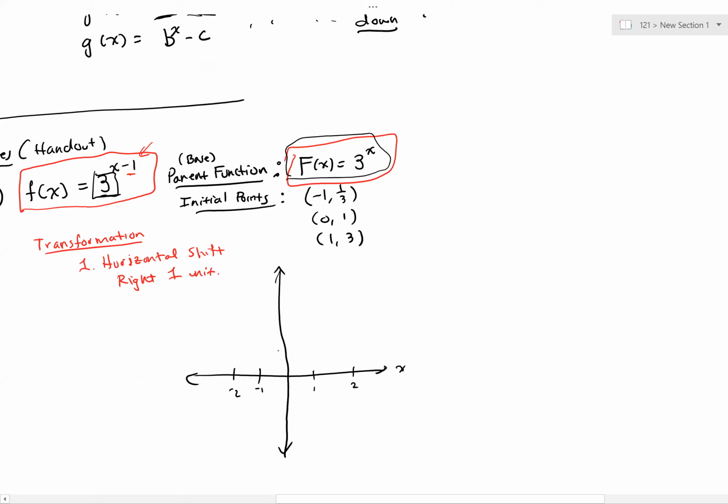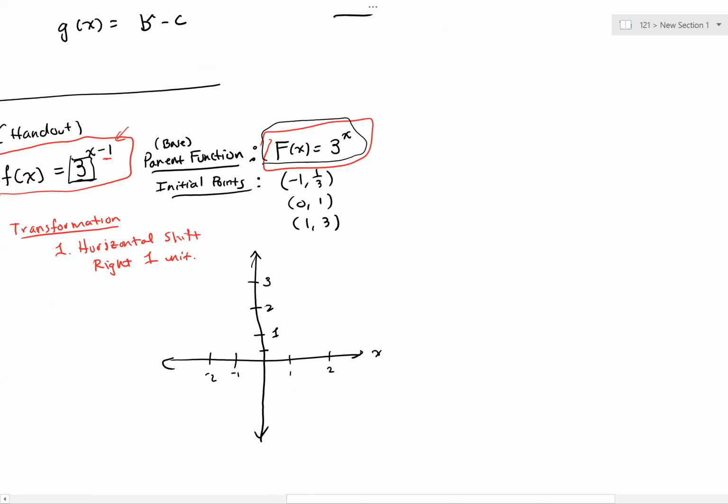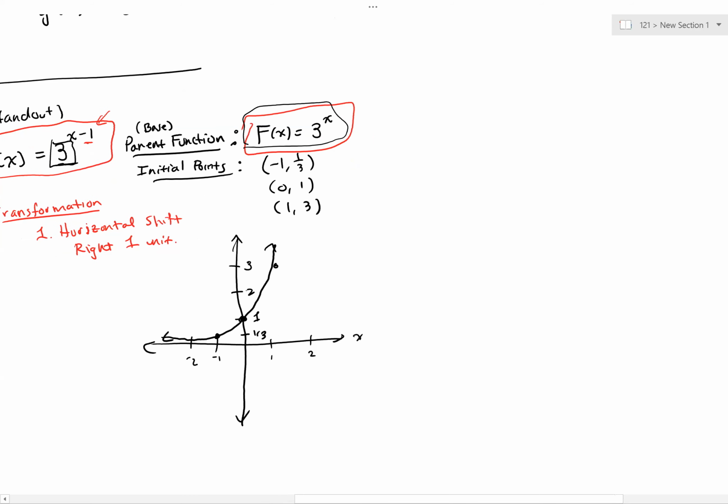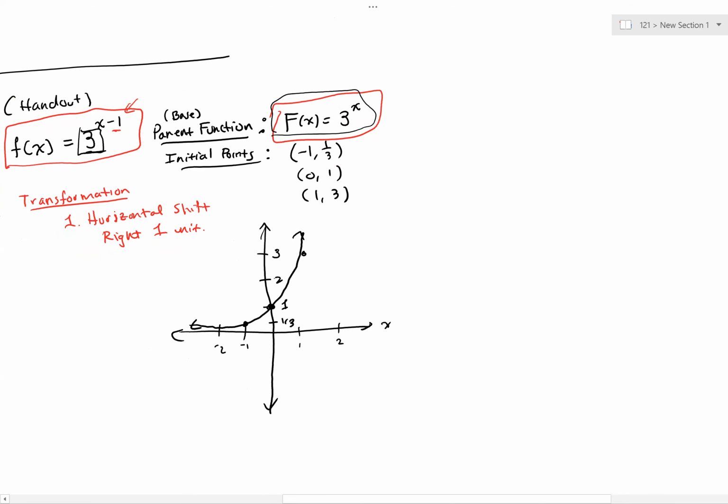Just a rough sketch. Since you have x, y axes, you can do a better job than me as far as neatness. But we basically were in this situation: (-1, 1/3), (0, 1), and (1, 3). Remember that had a horizontal asymptote of y equals 0 to the left as x went to negative infinity.